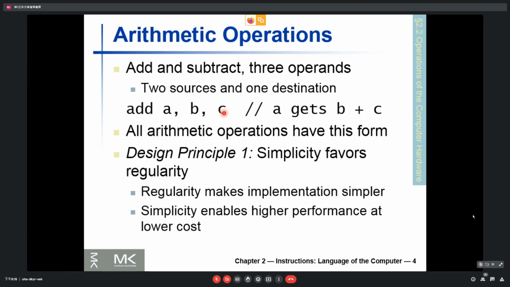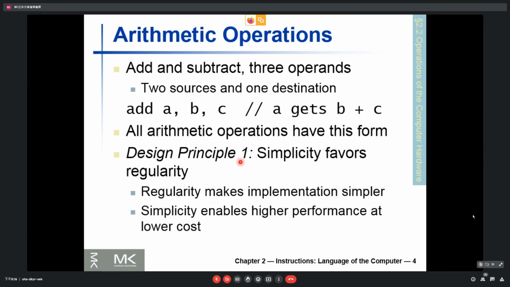And A, B, C are usually registers. 这个通常是暂存器啊，就是 register 0, register 1, register 2. They are registers inside the processor. So here we use A, B, C. You don't have to memorize all those names, but you have to know this is the basic format. Okay. So all these arithmetic operations have this form.